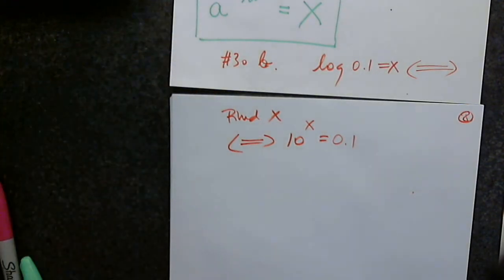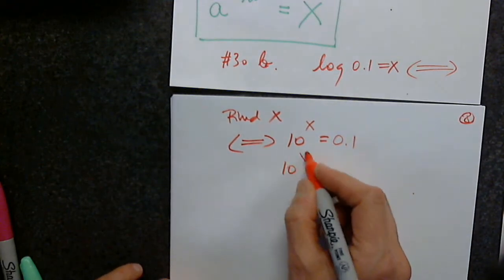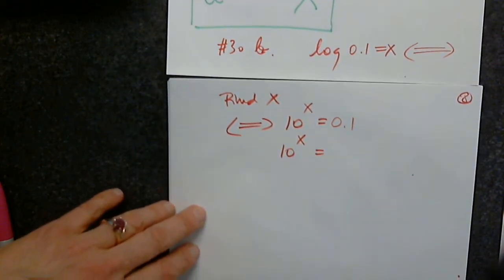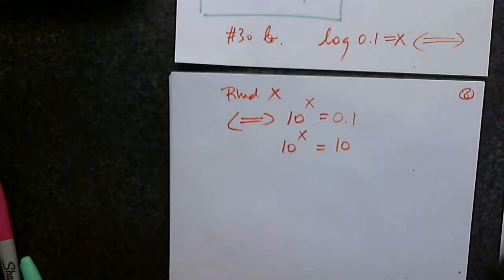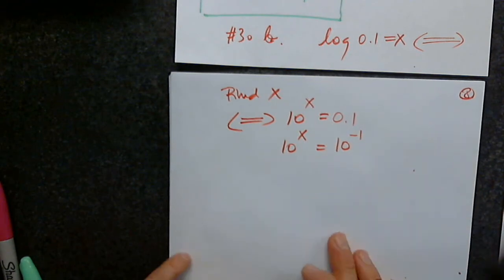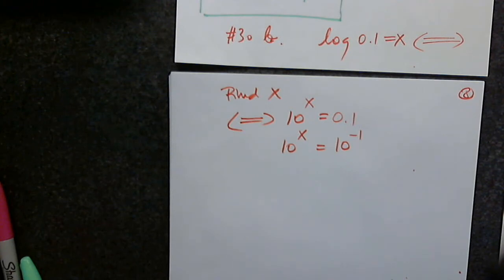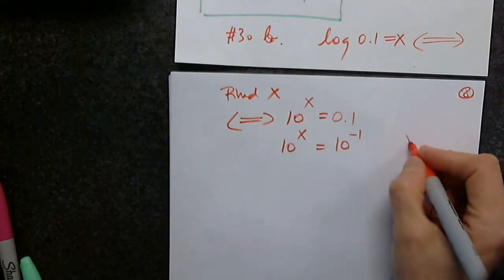As long as I can present both sides with the same base, I'm in business. So the left-hand side is 10, and the right-hand side base 10, I'm hoping. Again, I'm back to an exponential equation. Two numbers are equal. They have the same base. What happens to the exponents? x equals -1.